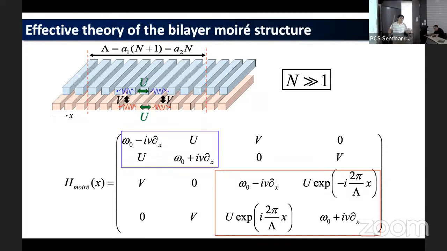If you want to do it in K space of the moiré Brillouin zone, you start with a very big Brillouin zone with period A1 and A2, and then you fold it into the small Brillouin zone, the moiré zone, with period big lambda here.